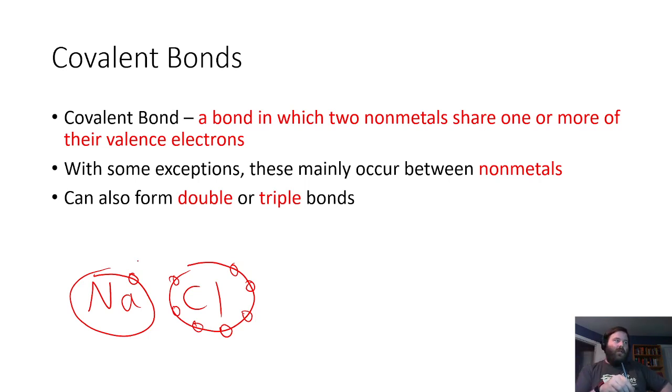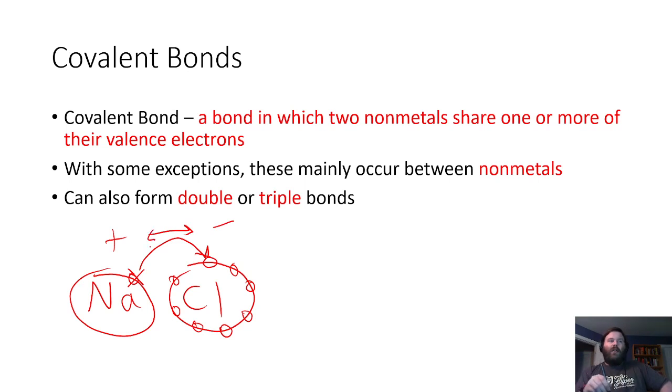So sodium gave up its valence electron to chlorine so it could have a nice stable outer shell, and sodium would not have this one not very stable electron hanging around. And then, because of this negative charge and positive charge, these two got attracted to one another, and that forms the ionic bond.